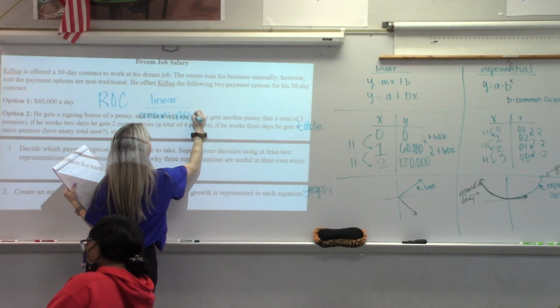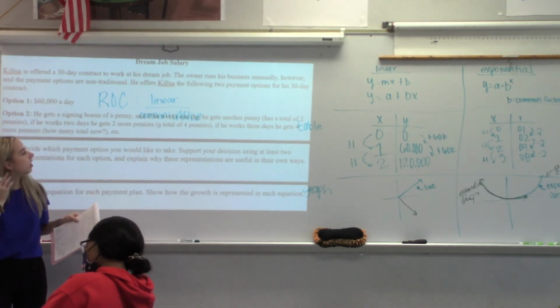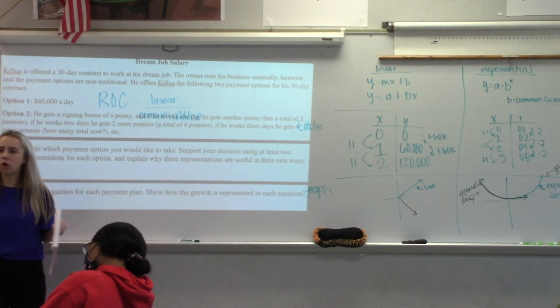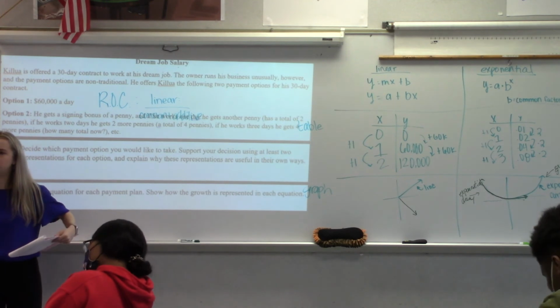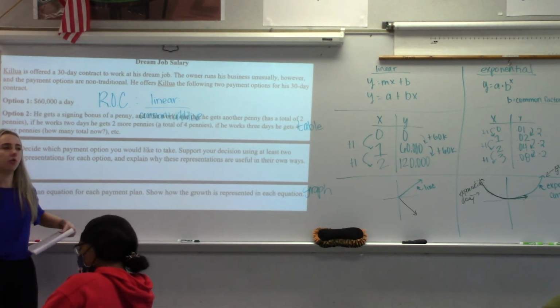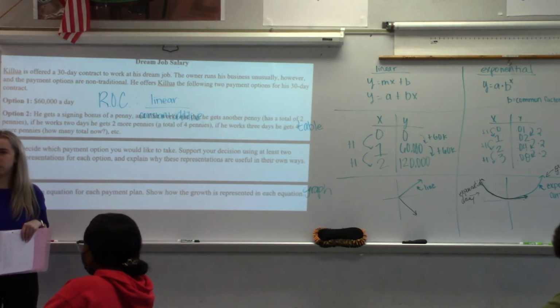And then the rate of change is shown through what in that function? Right, the slope. Because remember, exponential functions don't have a slope.